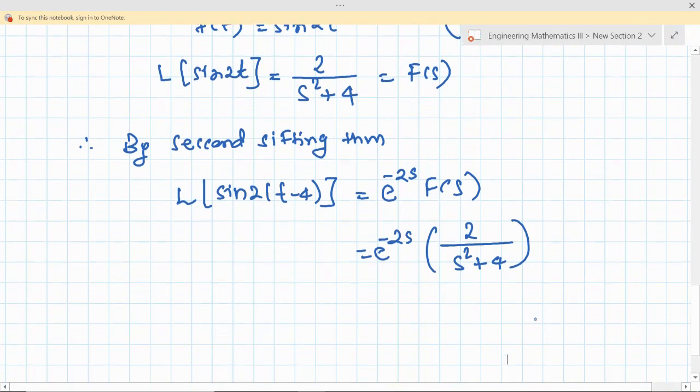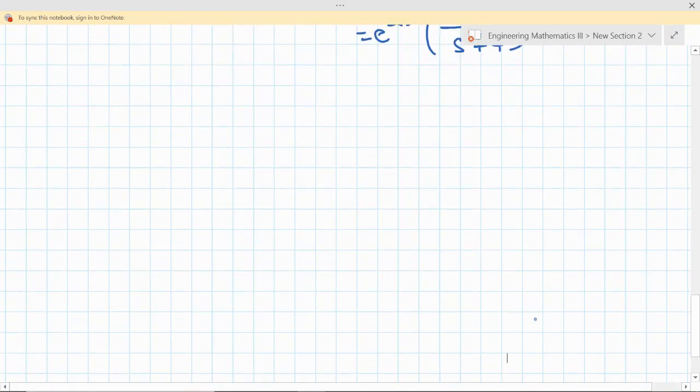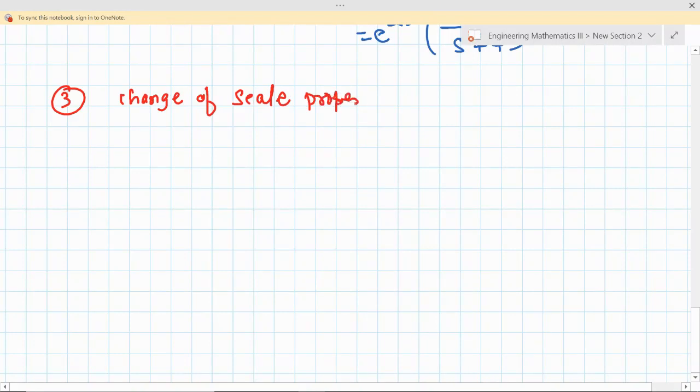Now let us move forward to the next theorem that we have. It is the change of scale property. This is very simple. What is the change of scale property? Suppose we consider the basic definition of Laplace transform.